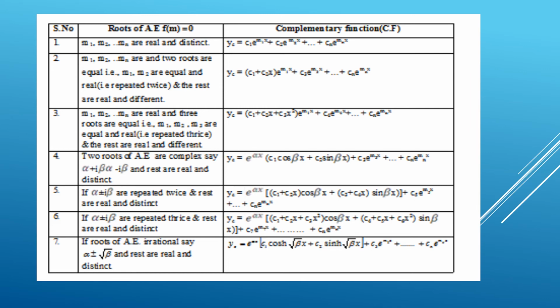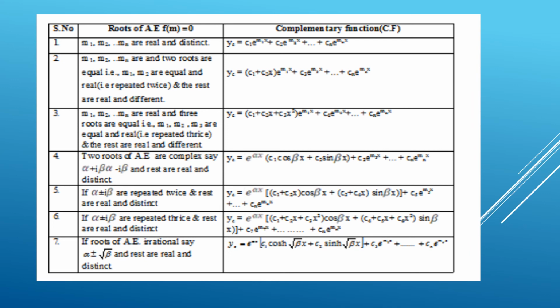If they give a question such as d square y by dx square plus 2 dy by dx, or a second degree or third degree equation, we have to convert it into the operator form. After converting to operator form, we take that differential equation into the auxiliary equation, such as m square minus m2, and we'll get the roots.